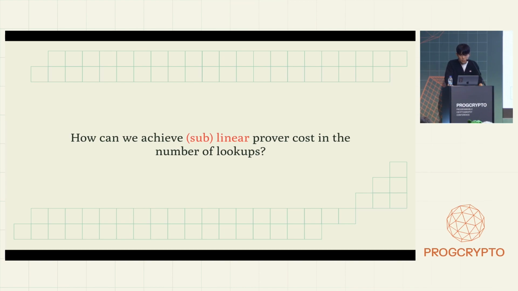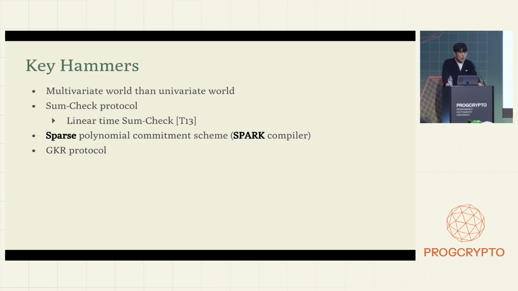These days, I was researching this topic with many people. We redefined our tools to design a new lookup IOP, and these four are the key hammers. The first is to explore this lookup IOP inside the multivariate world rather than the univariate world.